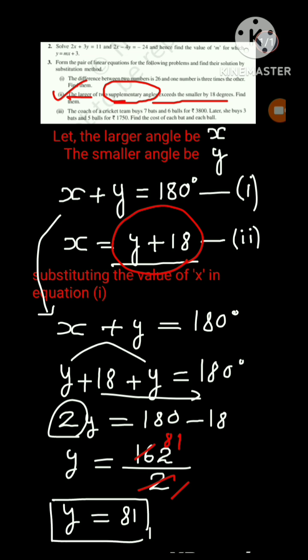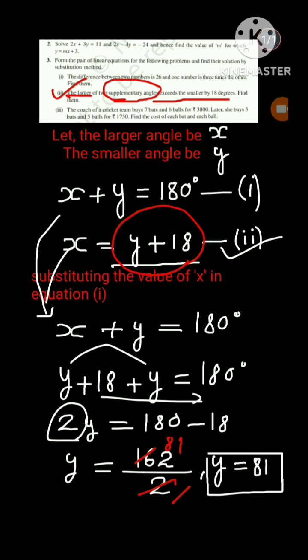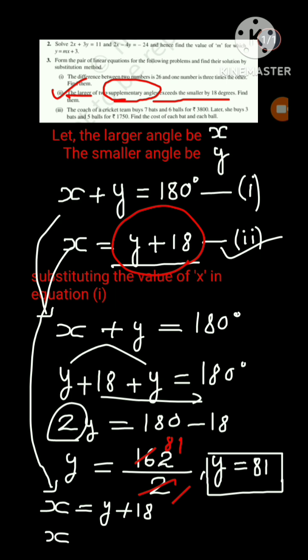Now just put this value of y in equation 2. In doing so, we will get the value of x, right? Our second equation is x equal to y plus 18. So x equal to, okay, here y equal to, we have obtained 81 plus 18.